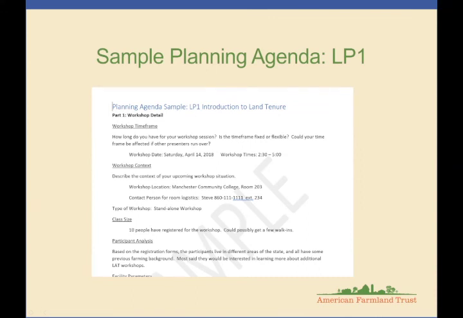There's a planning agenda sample, which is all filled for LP1. And then there's a blank worksheet. All right. And you're gonna kind of take that blank worksheet and start to think about how you would plan and prepare for a training, and think about what that situation might look like.